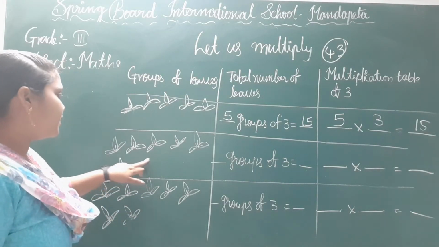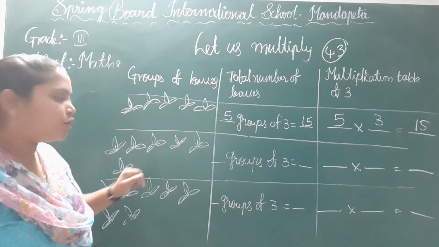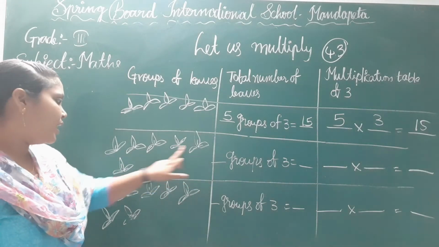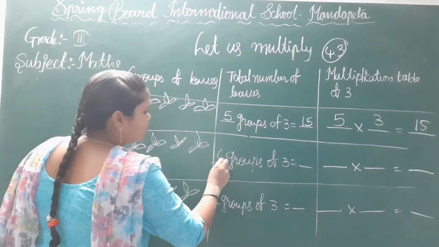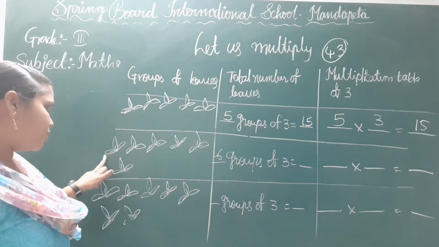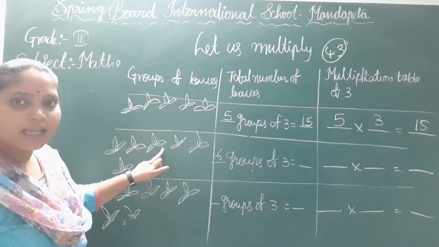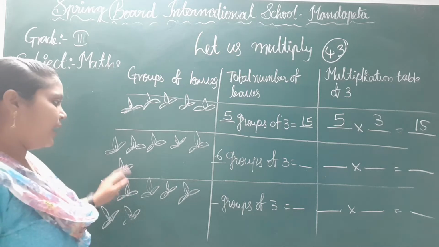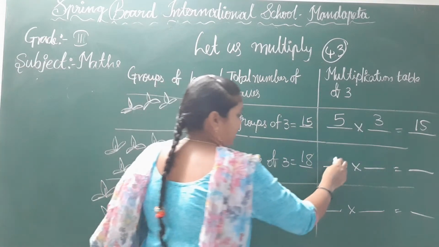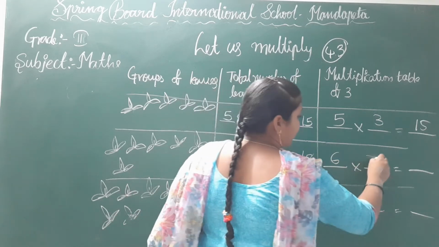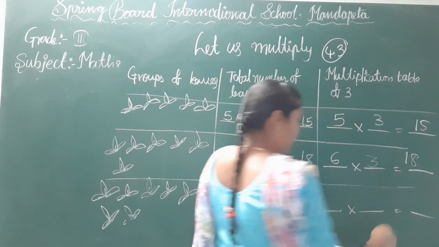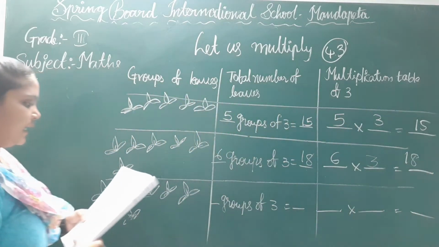Next, observe the next one. Now we have to check how many groups here. 1, 2, 3, 4, 5, 6. So 6 groups of 3. Now you have to skip count: 3, 6, 9, 12, 15, 18. Then write in the multiplication table of 3. Total is 6 groups and each group has 3 leaves. 6 3s are 18.